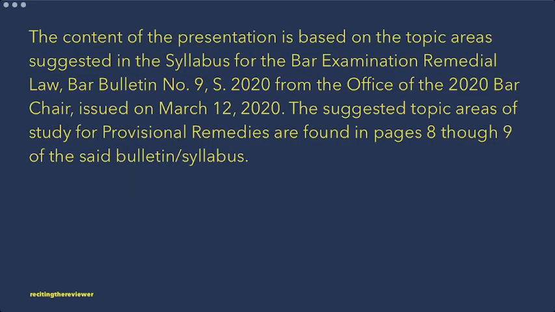Now this presentation is based on the topic areas suggested in the syllabus for the bar examination remedial law, Bar Bulletin number 9, series 2020 from the office of the 2020 bar chair. This was issued on March 12, 2020. So the suggested topic areas of study for provisional remedies are found in pages 8 through 9 of the said bulletin or syllabus.